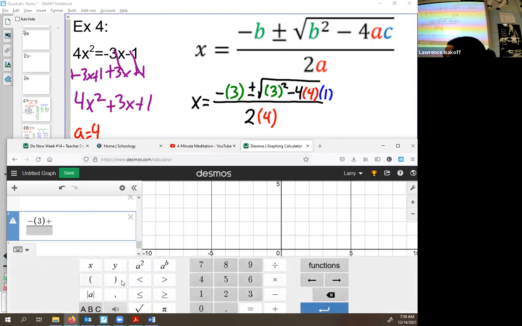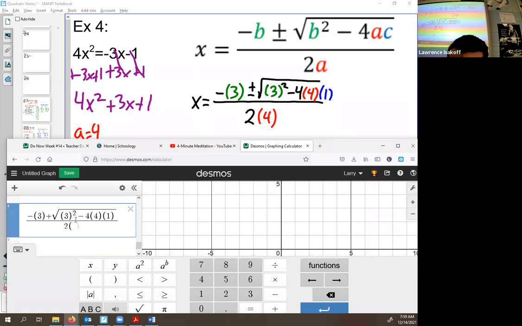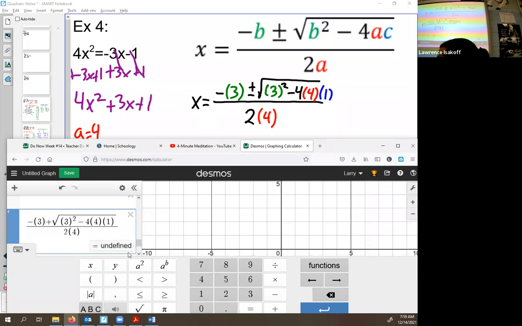So square root of, then parentheses 3 squared minus 4 times, it's my A value again, oh yeah, 4 times my C value of 1 all over 2 times 4.